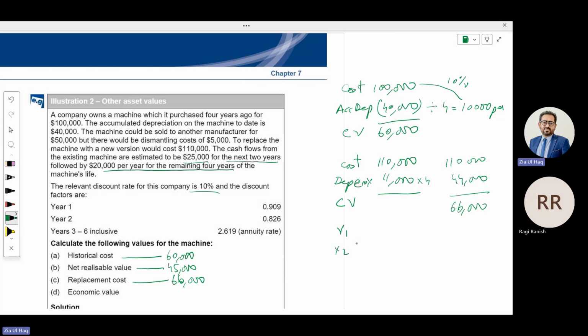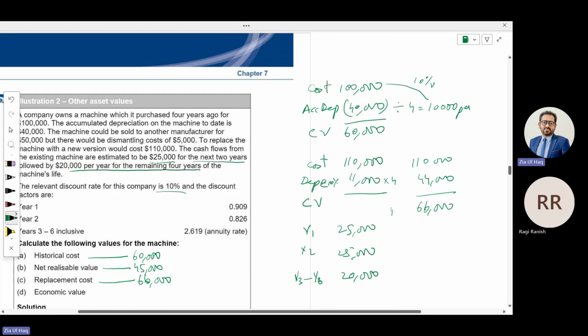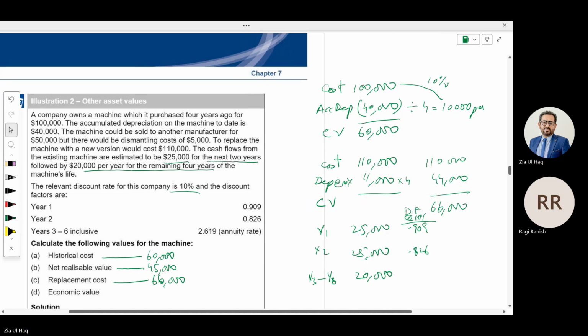For years 1 and 2, the cash flow will be 25,000, and for years 3 to 6 it will be 20,000. The discount factors at 10% are 0.909 and 0.826, and they have provided the annuity factor, 2.619.